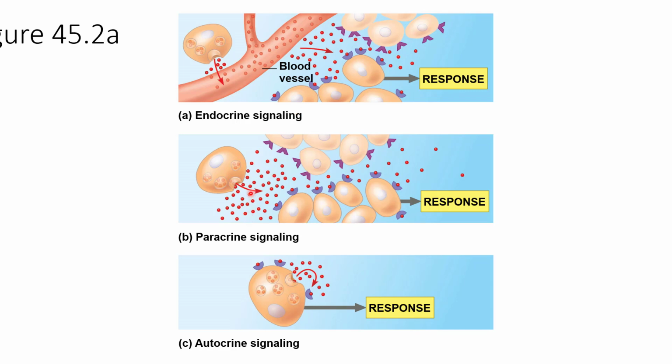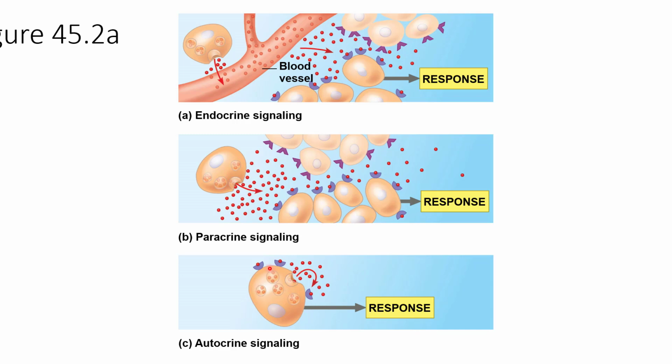Meanwhile, paracrine signaling is a very similar type of signal, except this occurs when signals only interact with cells surrounding the cell that sent the signal. An example of this could be an inflammation response in an area where an infection is taking place.